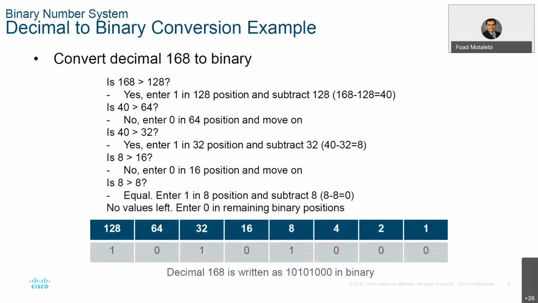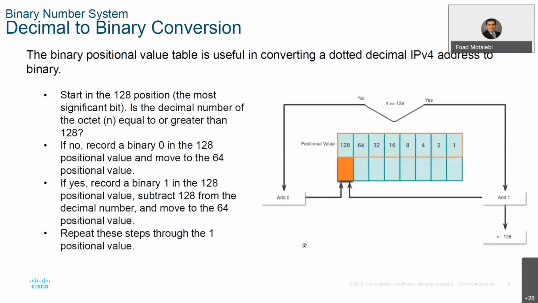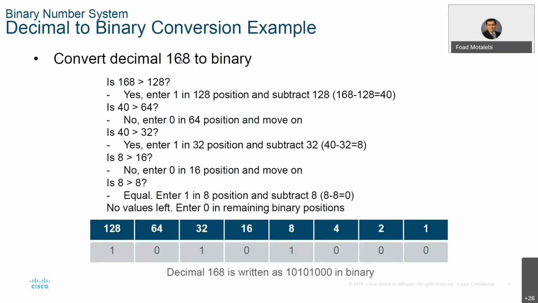Let's do a test. Okay. For example, here, the decimal number 168, quickly converted into binary. So 168, is it greater than 128? Yes, it is. So put a 1. Then you can say 168 minus 128 is 40. So is 40 greater than 64? No, it's not. Put a 0. Then go to the next one. Is 40 greater than 32? Yes, it is. Put a 1. And then subtract 40 minus 32. You get 8.